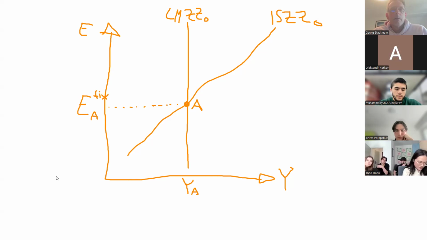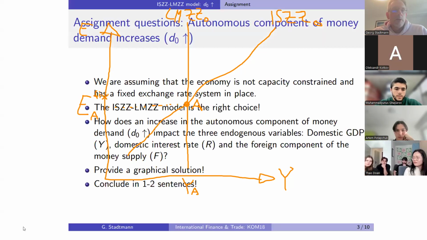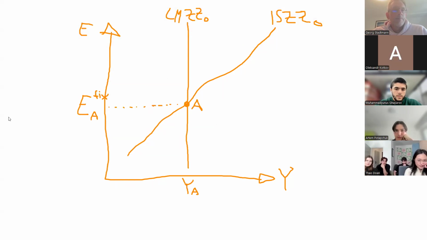D0 increases, so we can incorporate the shock. And when we have no clue, then of course we have to find the right chapter and the right slide.